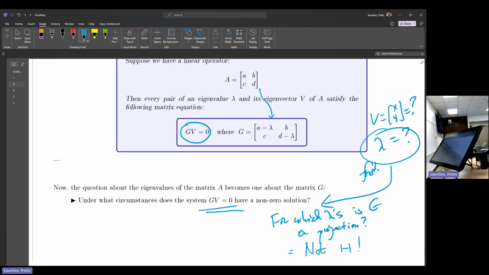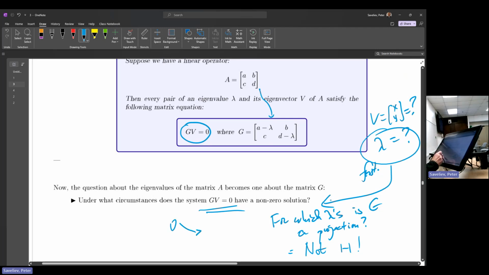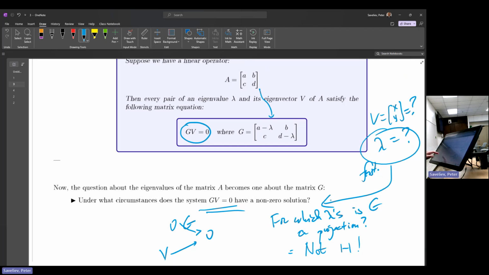Remember, the linear operator takes 0 to 0. If there is another vector that also goes to 0, that literally means that we have a function that is not one-to-one. So what tool did we use to determine whether or not a linear operator is one-to-one?